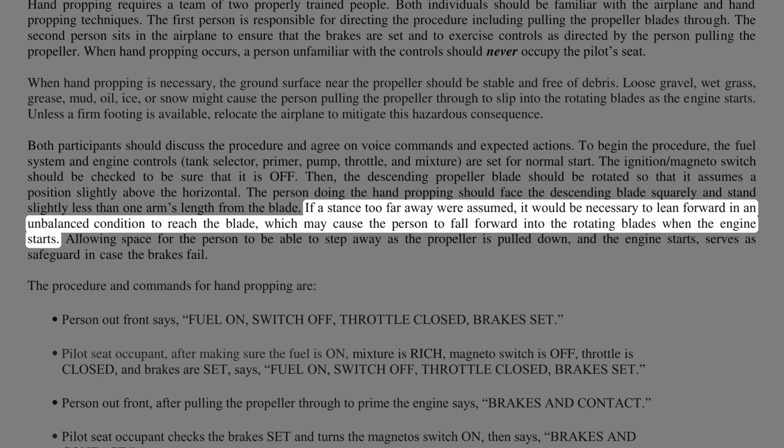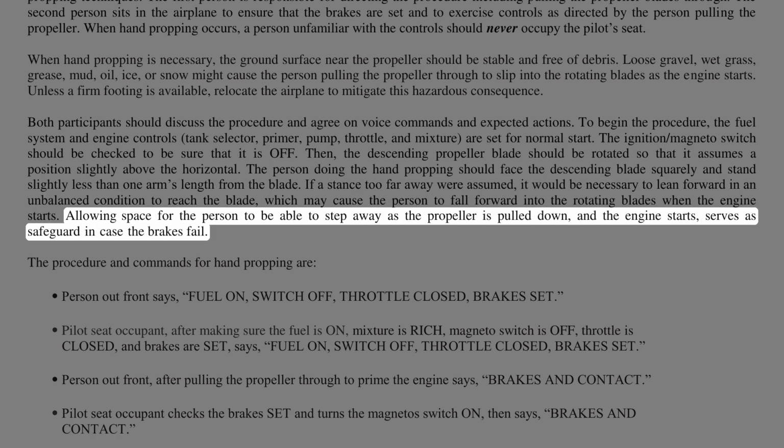If a stance too far away were assumed, it would be necessary to lean forward in an unbalanced condition to reach the blade, which may cause the person to fall forward into the rotating blades when the engine starts. Allowing space for the person to be able to step away as the propeller is pulled down and the engine starts serves as a safeguard in case the brakes fail.